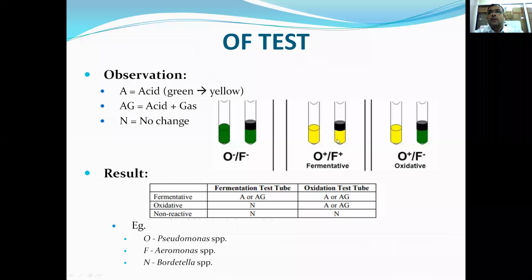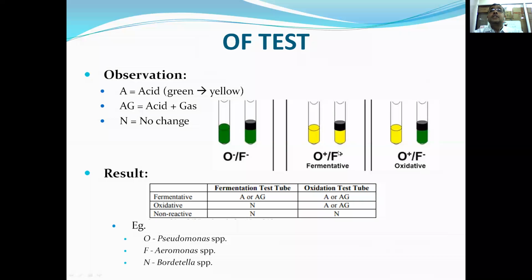If both remain green, both tests are negative. If both turn yellow, both have metabolism and both tests are positive. And the last one: in the oxidative tube there is yellow coloration, meaning the oxidative test is positive, whereas there is no color change in fermentation, so fermentative is negative.